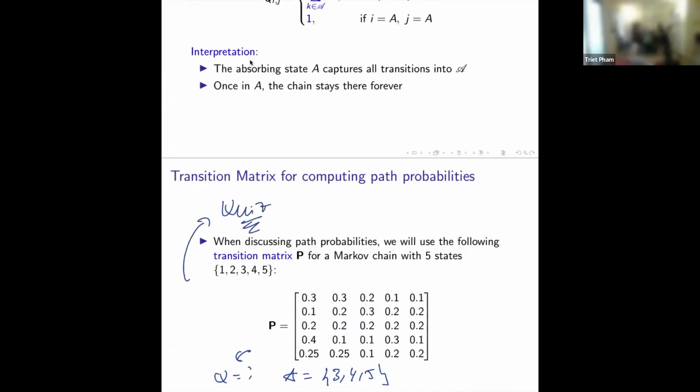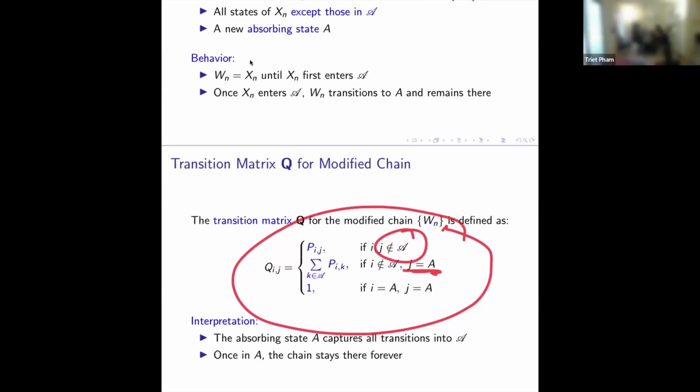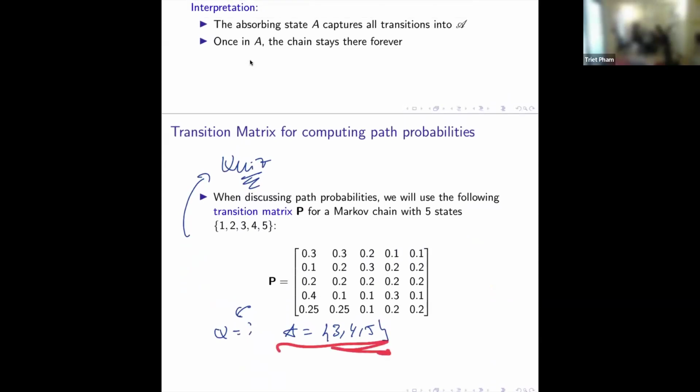Remember how we said that for a transition matrix, we can write down the Q matrix for the state W, for any class of A, and we showed you the Q for when the class of A is 3, 4, and 5. So I want you to write down that Q for this matrix. Is that okay? All right, so we're good. Let's take a break and we'll continue at 35.